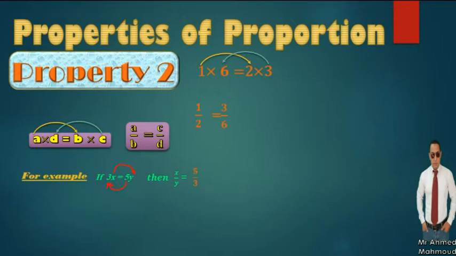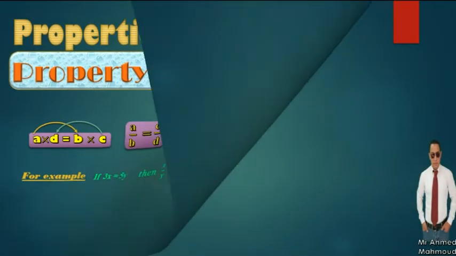I think it's very easy. Okay, this property is the opposite of the product of means equals the product of extremes. I can say that properties 1 and 2 are opposite to each other, or they are the same property but in two different directions. Okay, now I'm going to solve a problem. Now let's solve example 5.